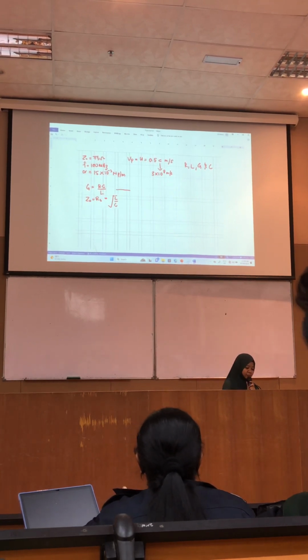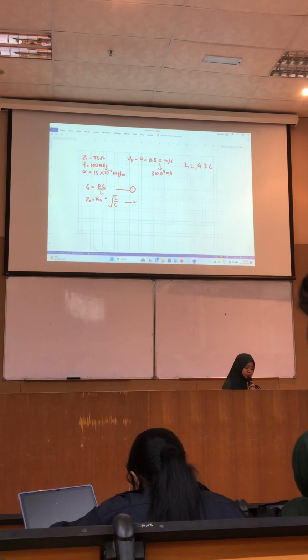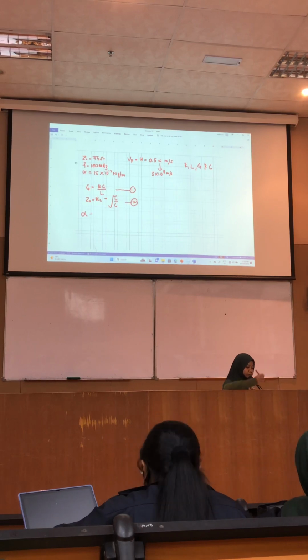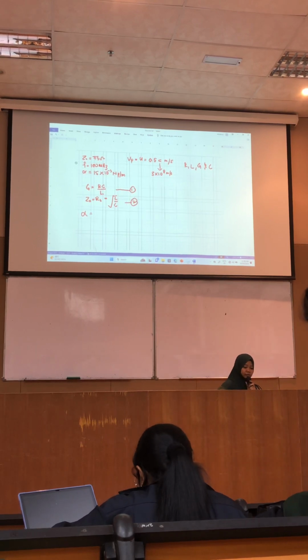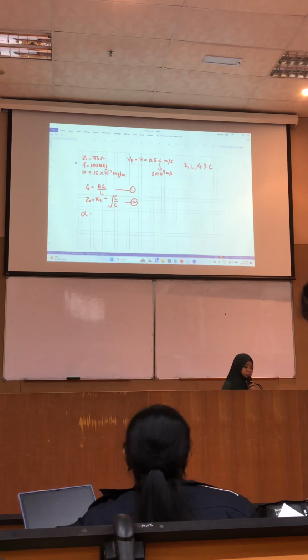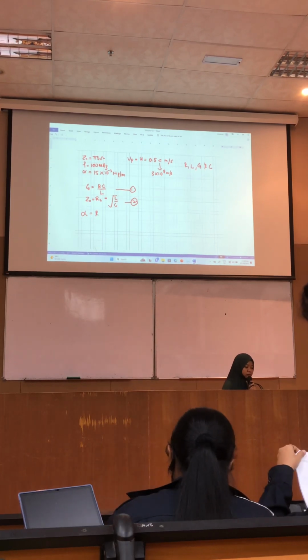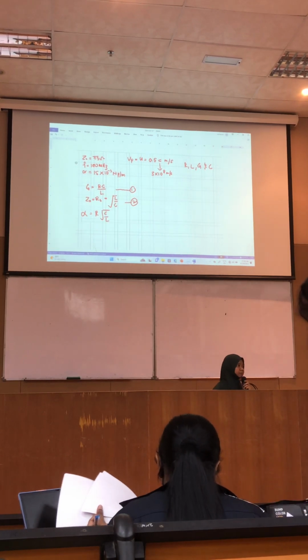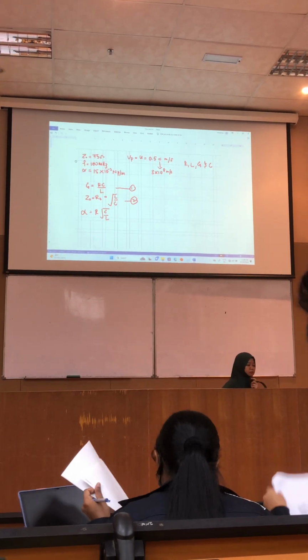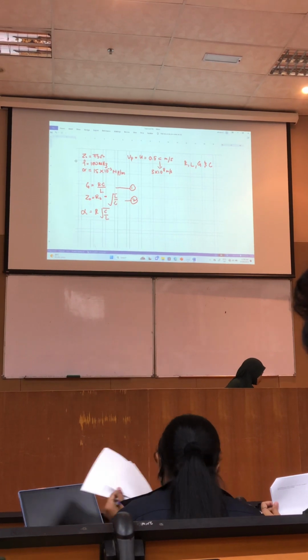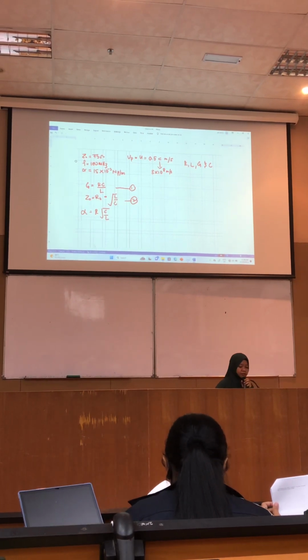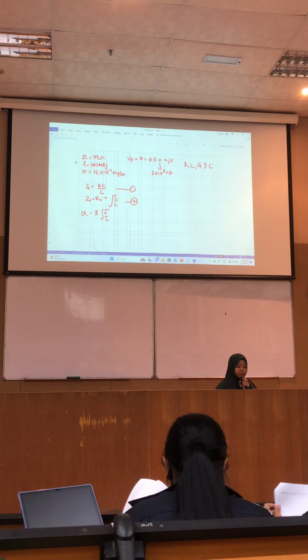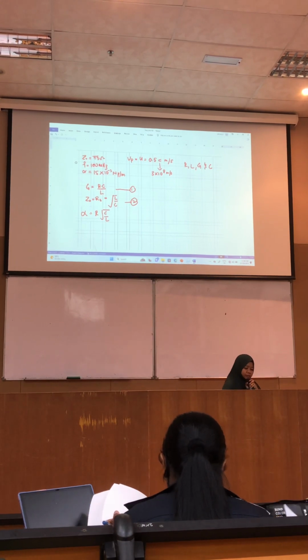So this is number 1, this is number 2. Okay, alpha equals, I've got it in the slide, alpha equals R times the square root of C over L, right? Okay, all in the slide.